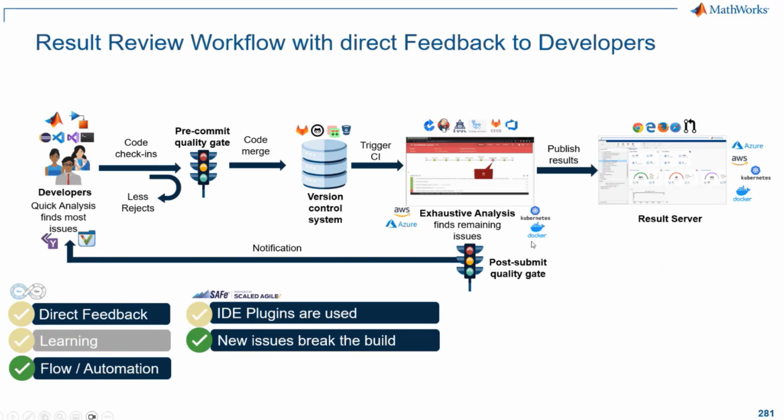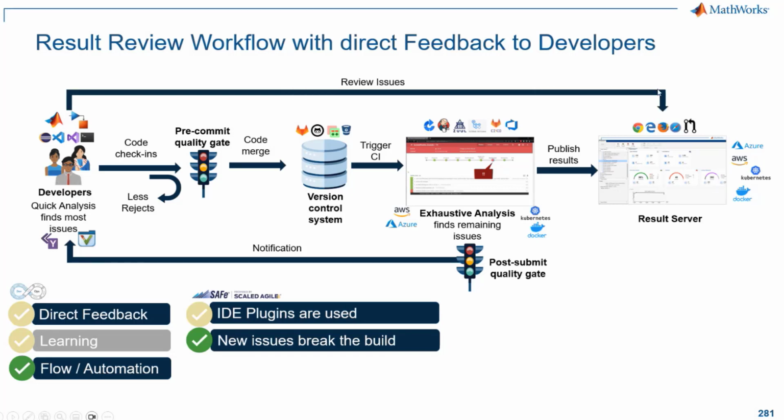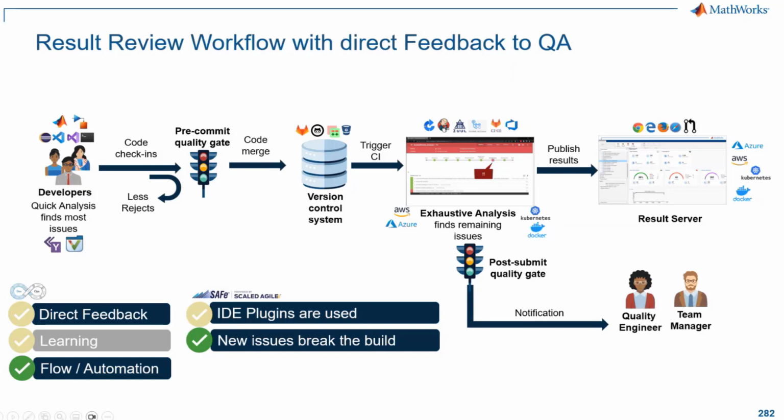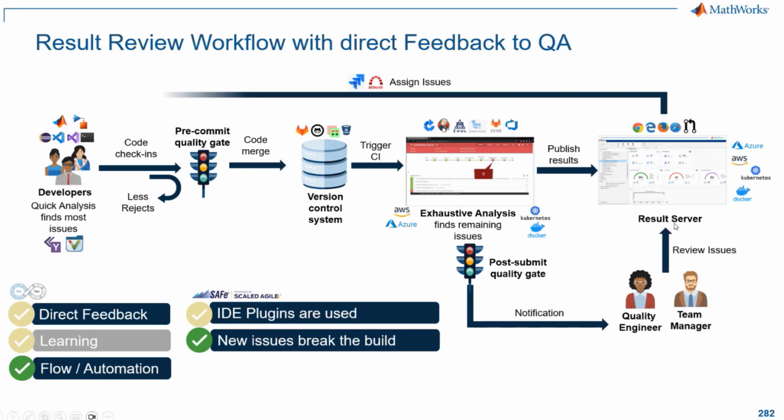You see, you have post-submit quality gate, you have annotation, you have the notification, the developer fixes everything, reviews, submits the review issue again, and then the quality team will look at the pipeline also for their notification, rework it, and then submit the result to this dashboard, and so on.